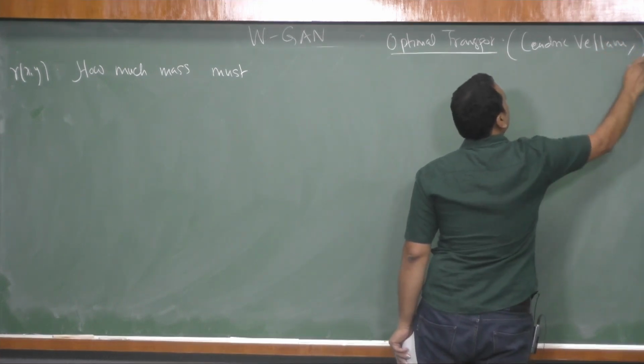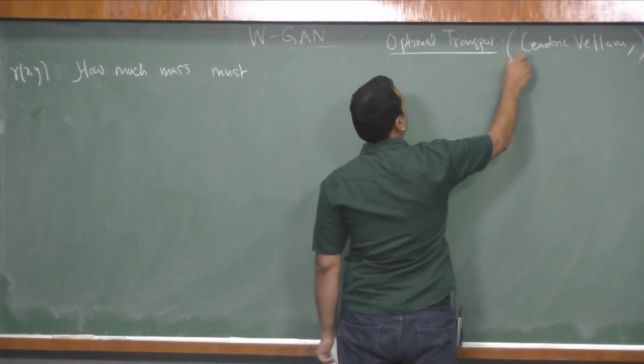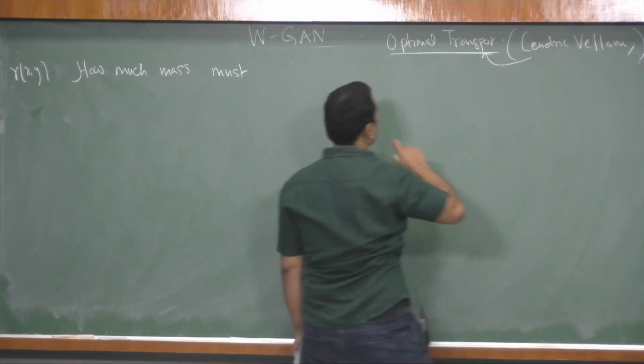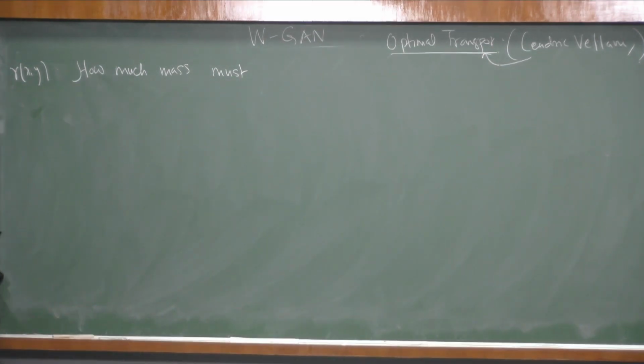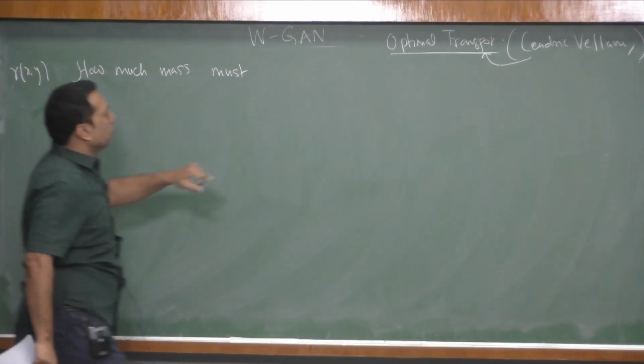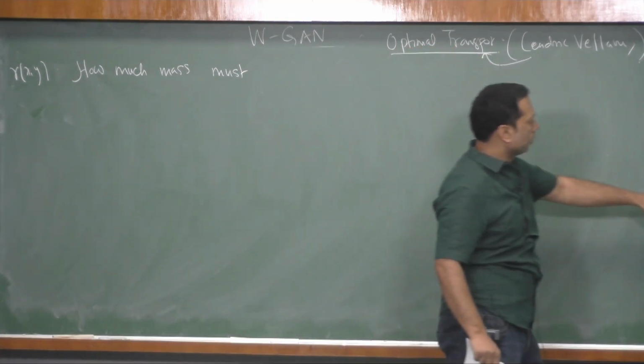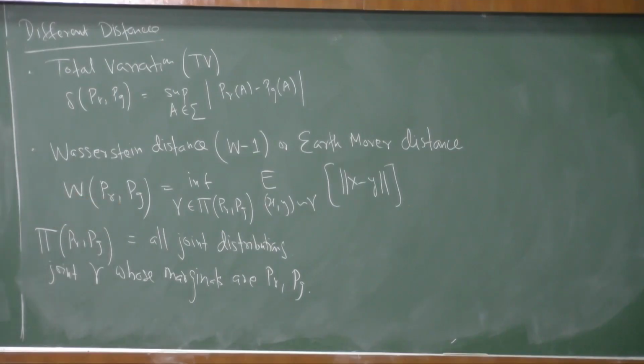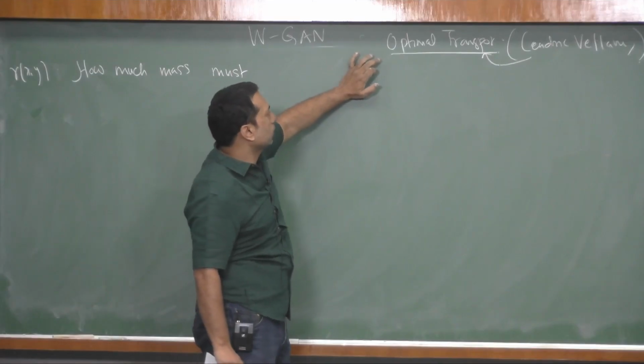His book is the main reference. What this says is that optimal transport is an even better framework to view how to compare probability distributions. We will leave this for the next class.